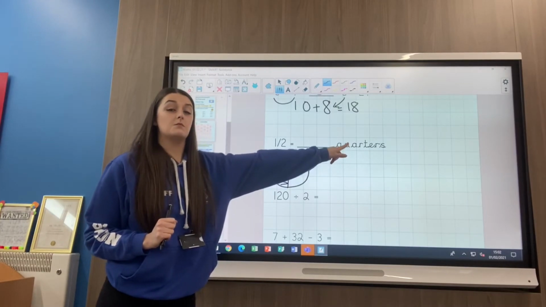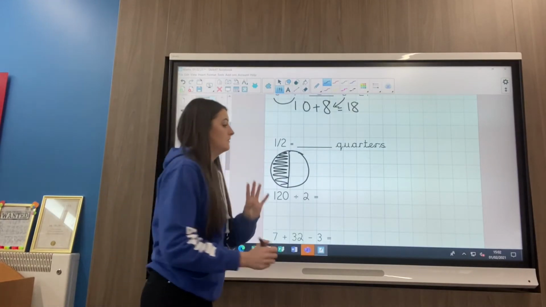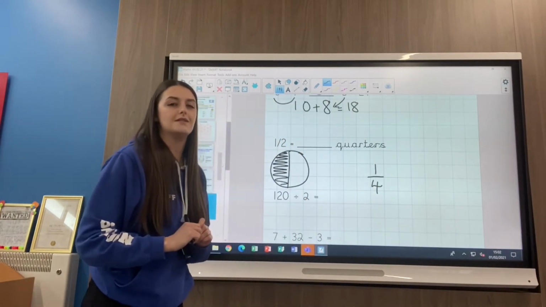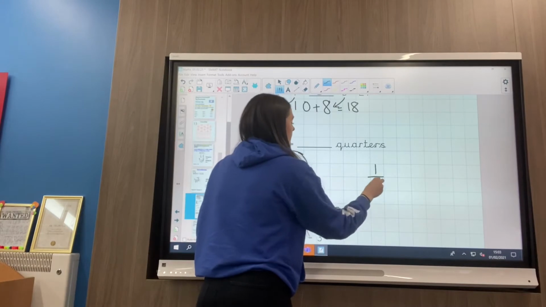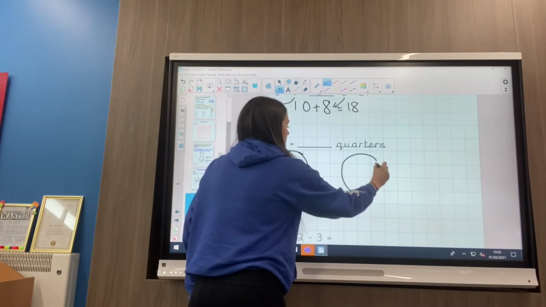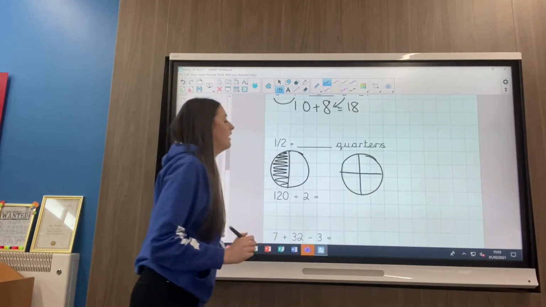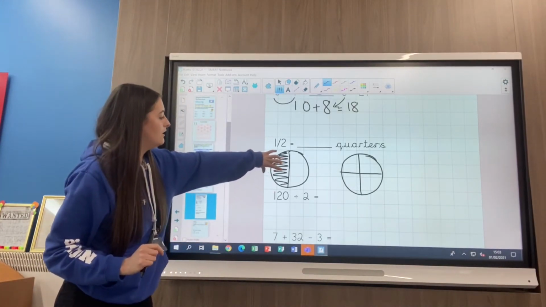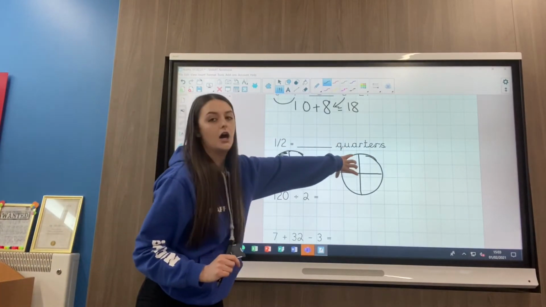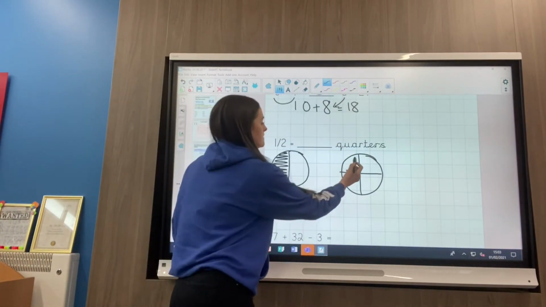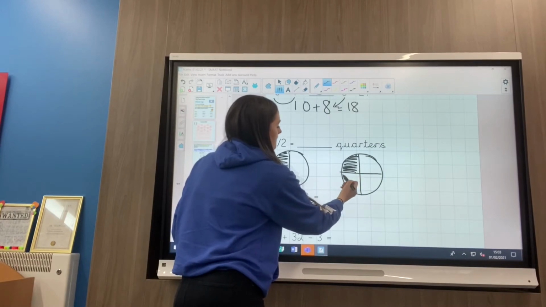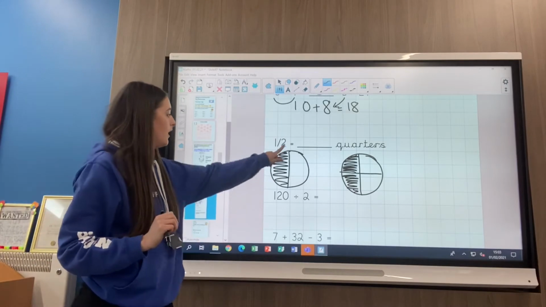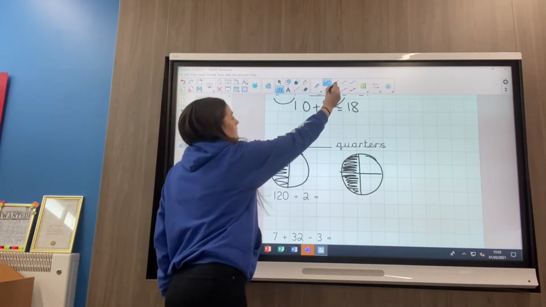When we split something into quarters, we're splitting it into 4 equal parts. That's 1/4 there, okay?